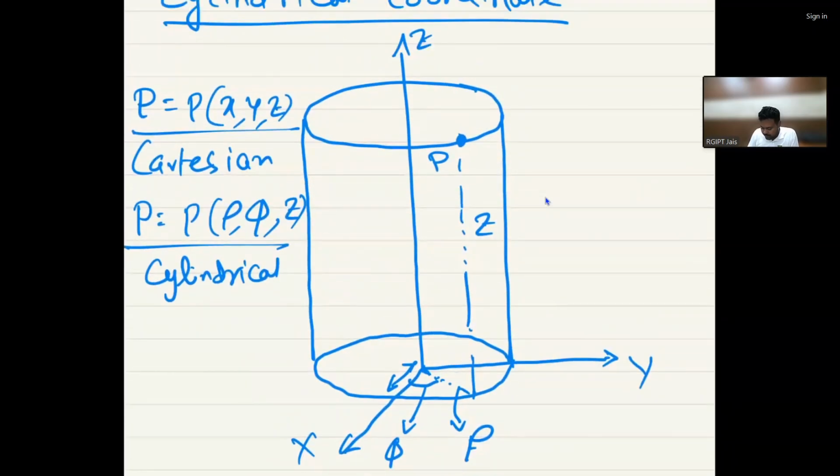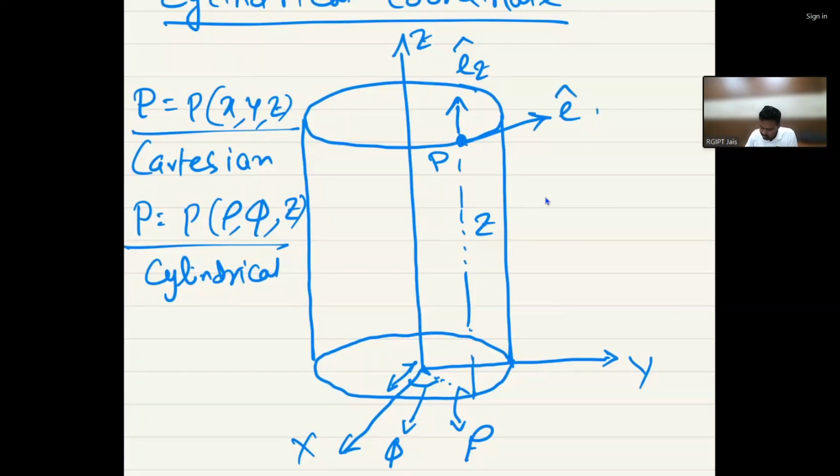And the unit vectors. For the z direction, this will be the same, e_z cap. Rho is basically tangent to the curved surface, so e_rho cap will be along this direction, and sorry, this is e_phi cap.